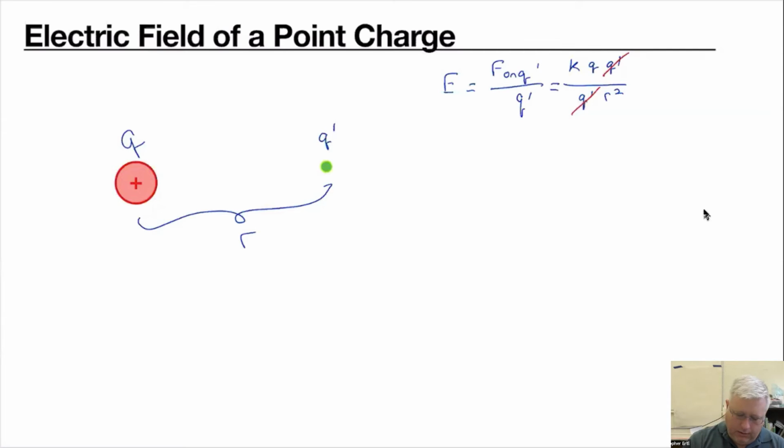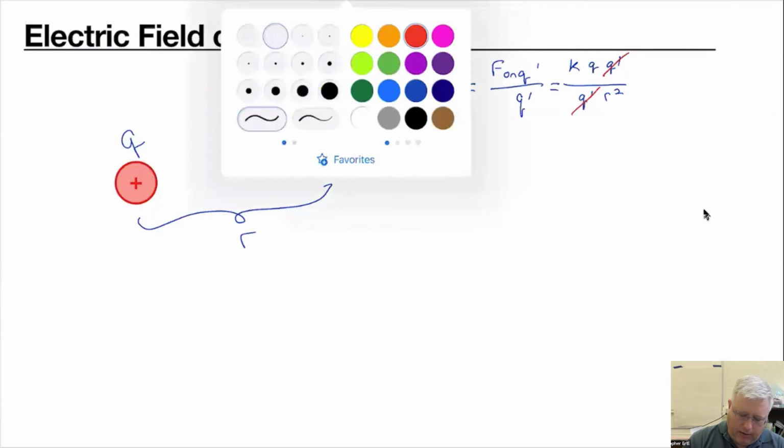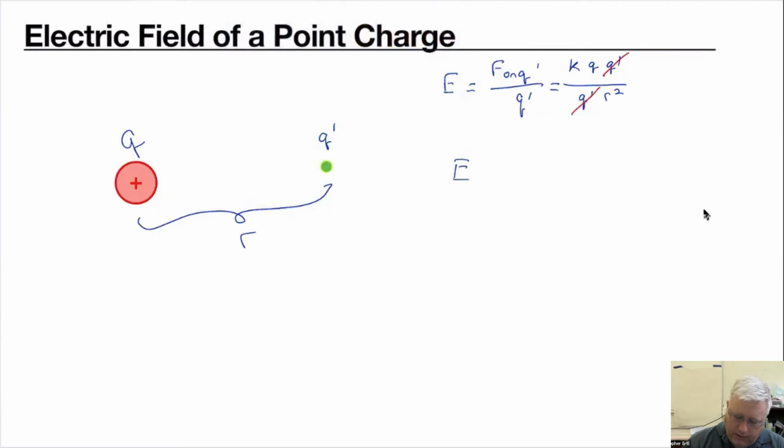So this essentially comes out to the electric field is K times the charge of the source charge over the distance squared. And if we want to put this in terms of epsilon naught, which we're going to want to do eventually, I'm just going to start getting you used to looking at this.